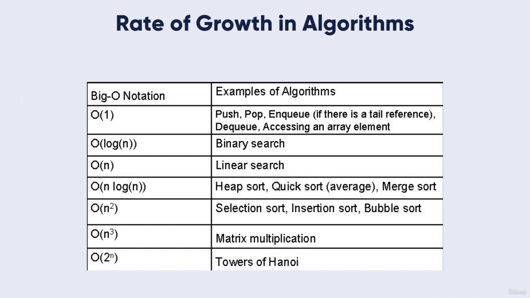O(log n) in binary search, O(n) linear search, and O(n log n) heap sort, quick sort, merge sort. O(n^2) selection sort, insertion sort, bubble sort, O(n^3) matrix multiplication, and O(2^n) towers of Hanoi. Don't worry, we will clarify everything in the next video.